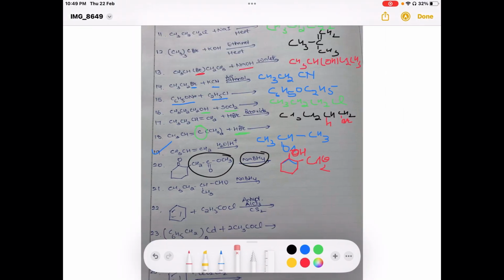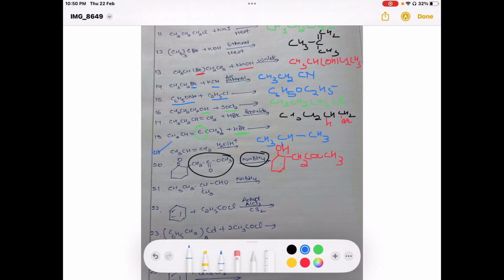That remains as such. Just a minute. So here the product is: the keto group changes to OH and the ester part remains as such here.